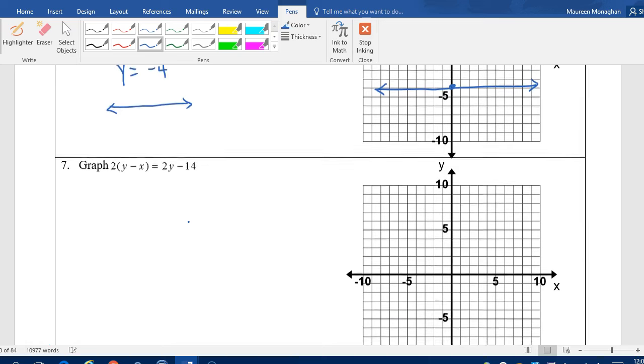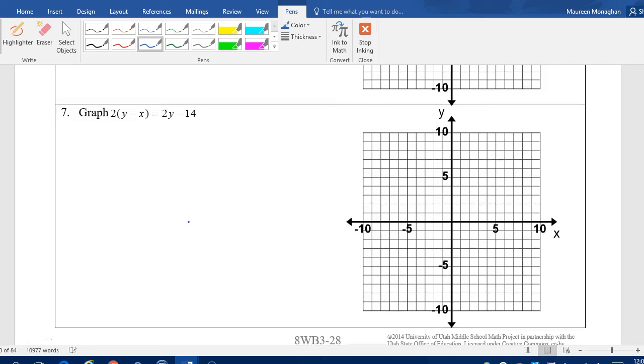All right, next one. Ooh, we got to do a little math here. That's all right. We got this. Distribute first, because we don't have just the y and the x. So we would distribute and get this. Now we're going to add 2x to both sides, because remember I said take care of the x.